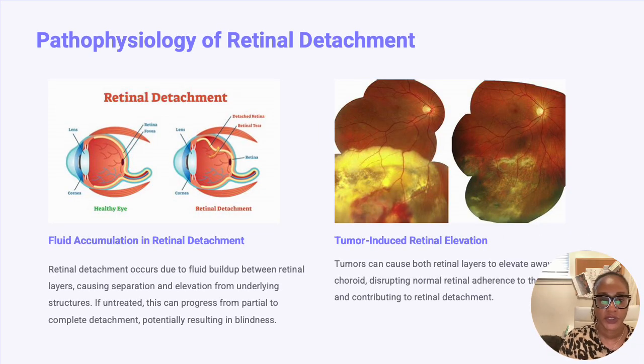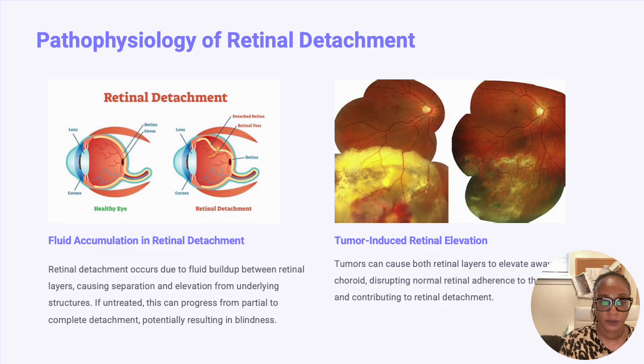So here in this picture, you see what a healthy eye looks like versus a retinal detachment. You can see the retina actually detaching in the second picture. Fluid accumulation happens due to fluid buildup between the retinal layers, causing separation and elevation from the underlying structure.